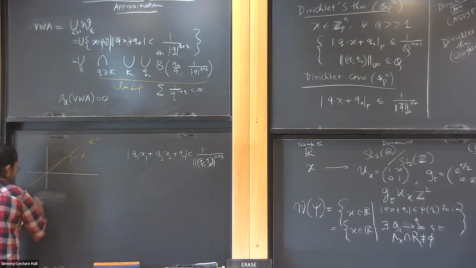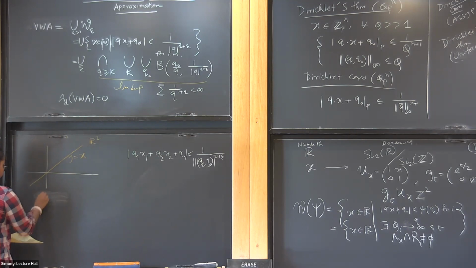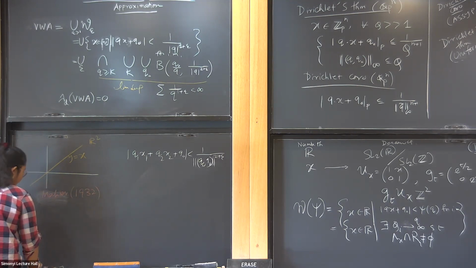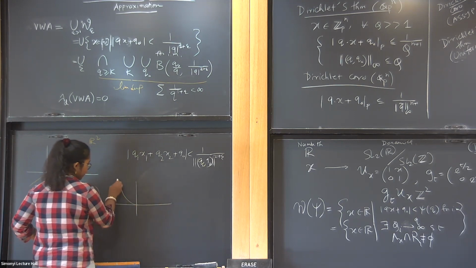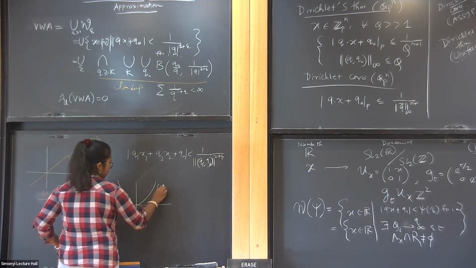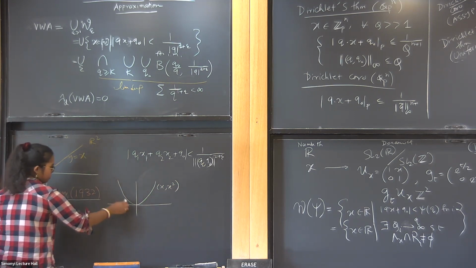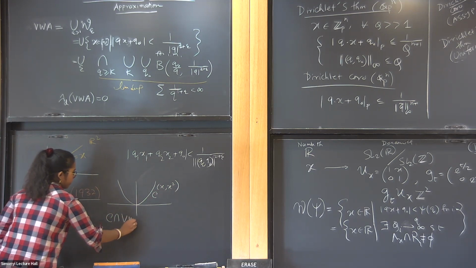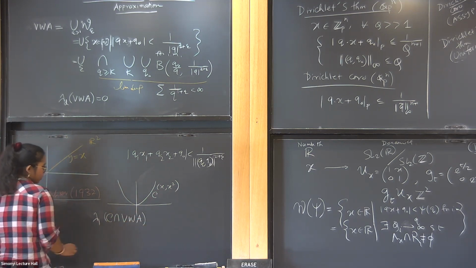First Mahler, in 1932, conjectured that if you take, instead of a line, a parabola, and let's say this is C, and you look at C intersected with the very well approximable set, then the measure of this should be 0.